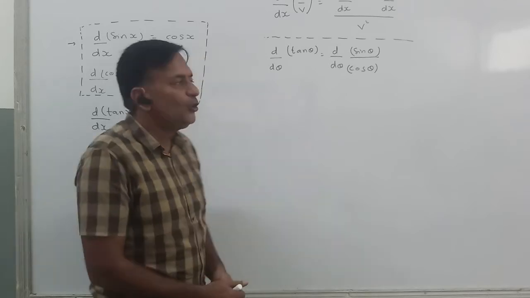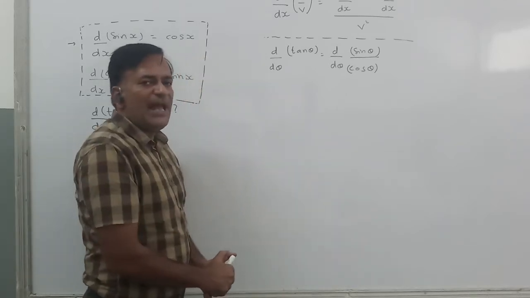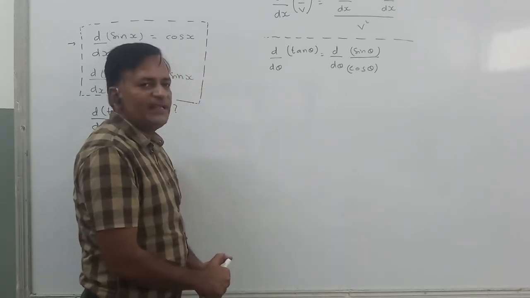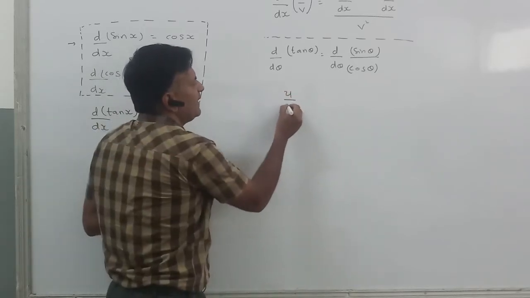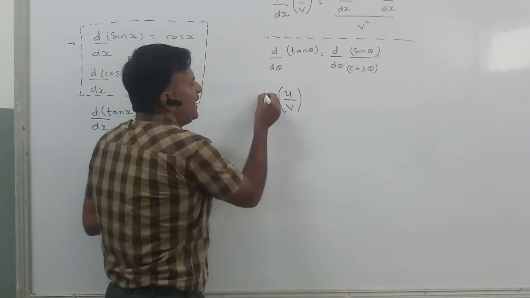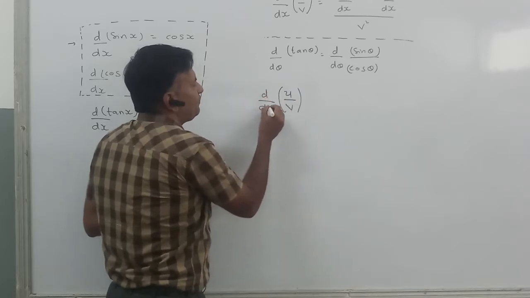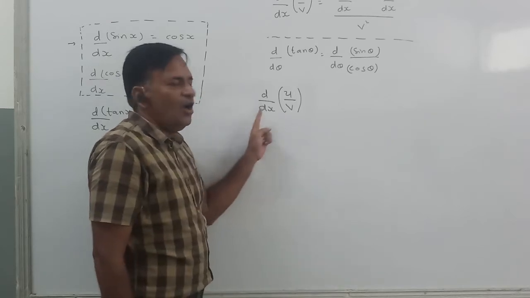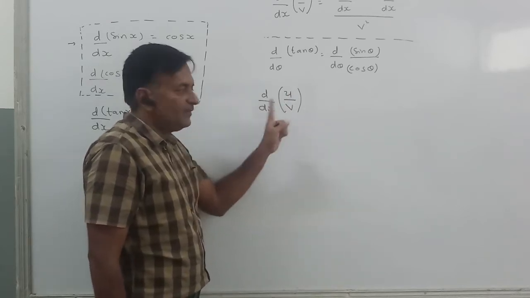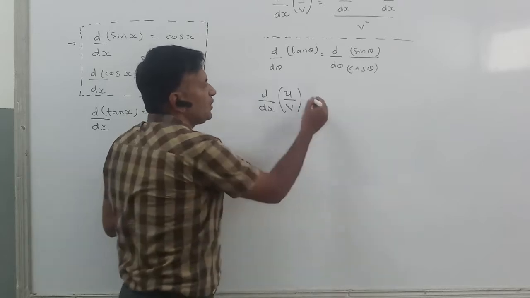And now what are we going to do? We are going to apply working rules of differentiation. If you have two functions like this, u by v, and you want to find the differentiation of u divided by v, how is this carried out?